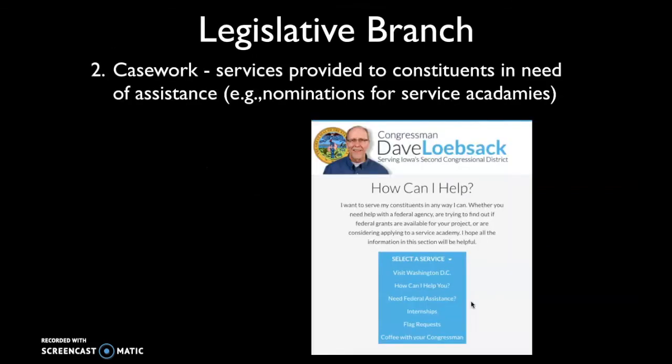Second, they do something called casework, or sometimes it's called constituent services. What this means is they provide services to their constituents who are in need of assistance, who need help. This is the current member of Congress representing Iowa City, Dave Loebsack, and this is on his website where he's talking about trying to help people that he represents.